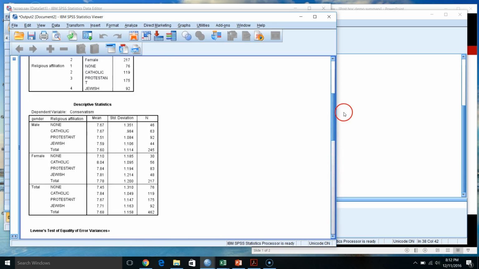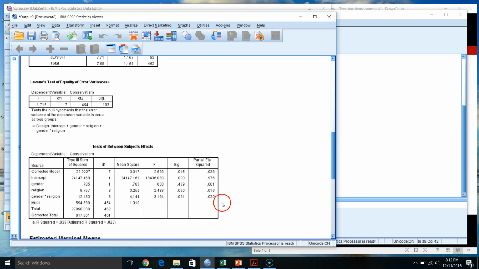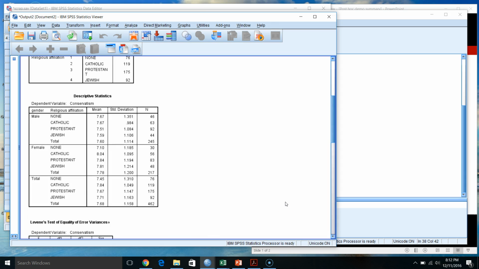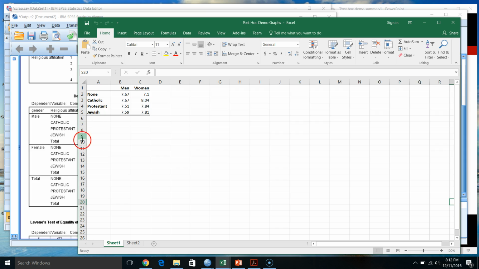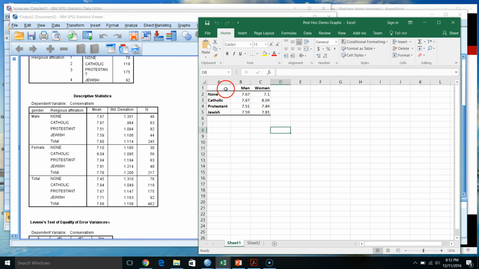So again, if we go back up, the first thing we want to do if we have that interaction effect is plot it, right? So what I'm going to do is pull up an Excel sheet, and I'm going to put together this little graph so that I can get a visual sense of what's going on here.